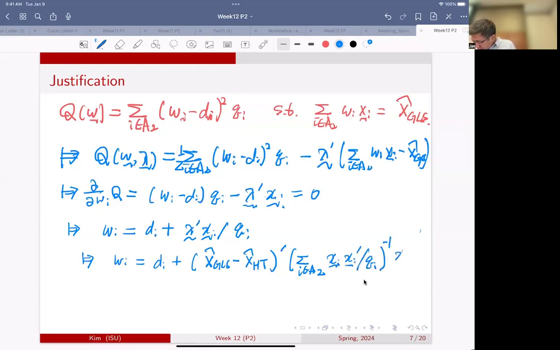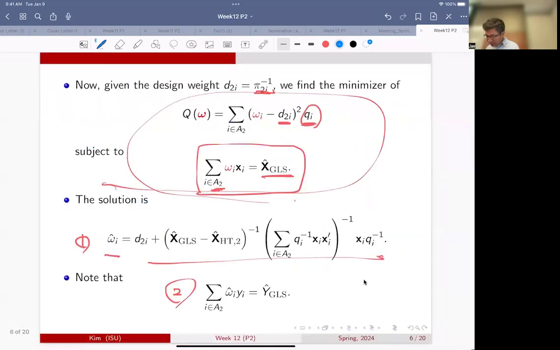So that is the closed form solution. So the first part is proved.